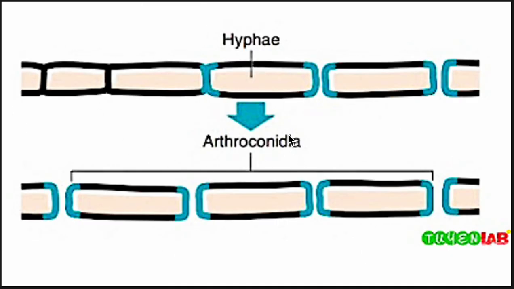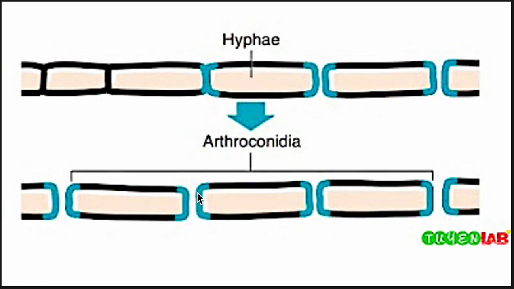Another one, we have the arthroconidia. The arthroconidia is another form of asexual reproduction, like your phialoconidia. Your phialoconidia are blown out from the phialides. But for the arthroconidia, it is formed by fragmentation of fertile hyphae.